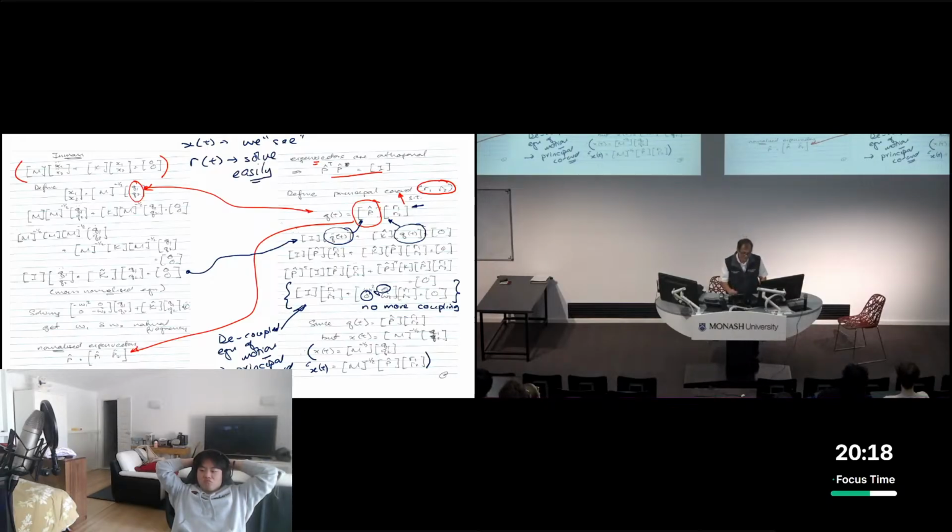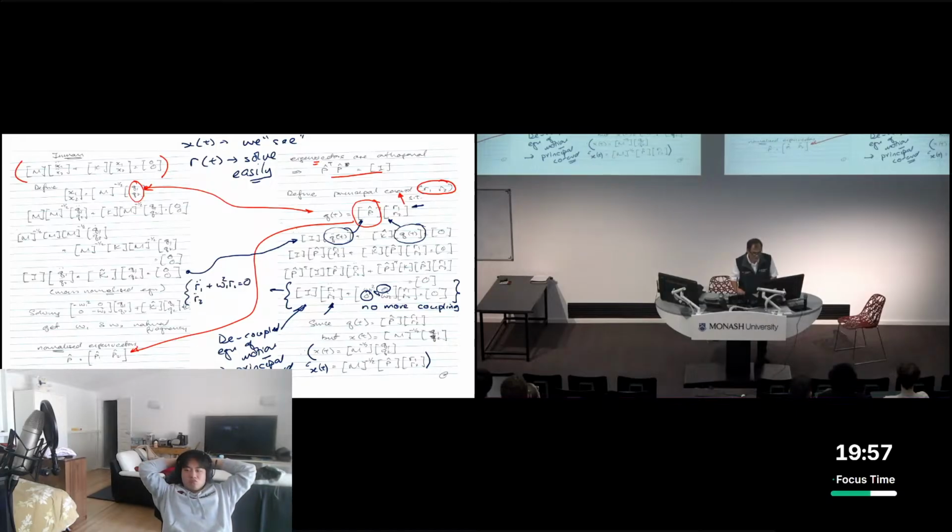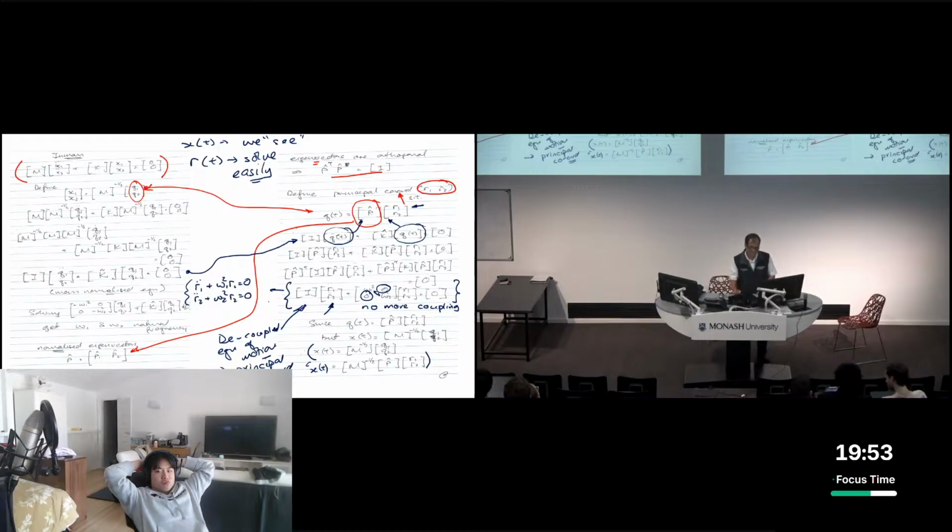because when you look at this equation of motion and expand it, it is essentially two equations. I have R1 double dot plus omega 1 squared R1 equals 0, and R2 double dot plus omega 2 squared R2 equals 0.